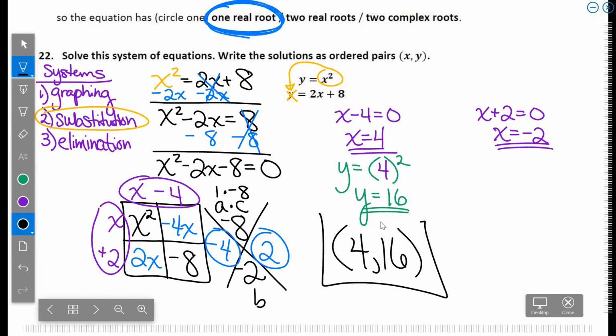And then we need to do the same thing with our other solution for x. Y equals, and I've got -2 in here. What happens when I take -2 and multiply it by itself? I get 4. So -2, 4 is my other solution.